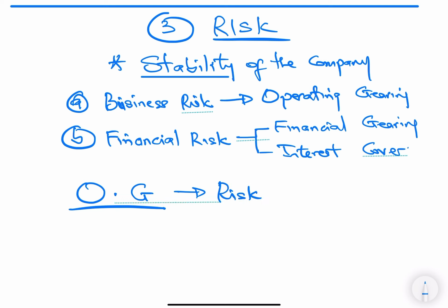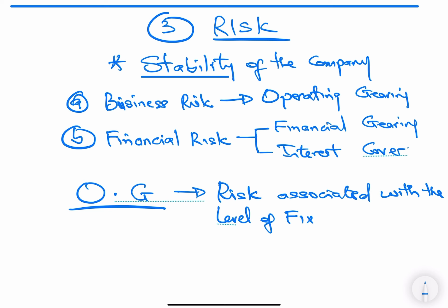Anytime we're looking at operating gearing, it's about the risk associated with the level of fixed cost. That is the problem.